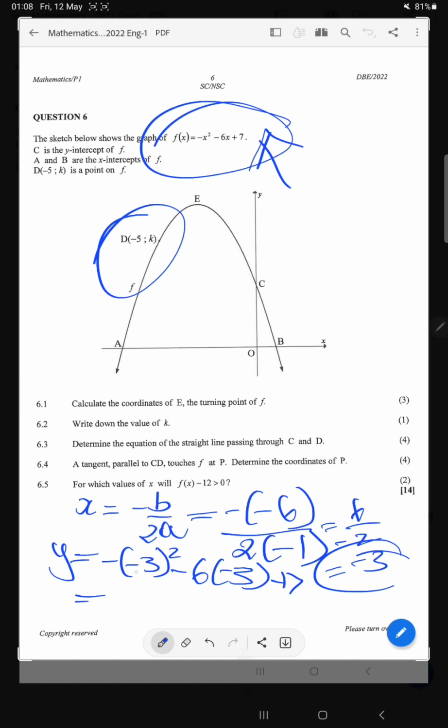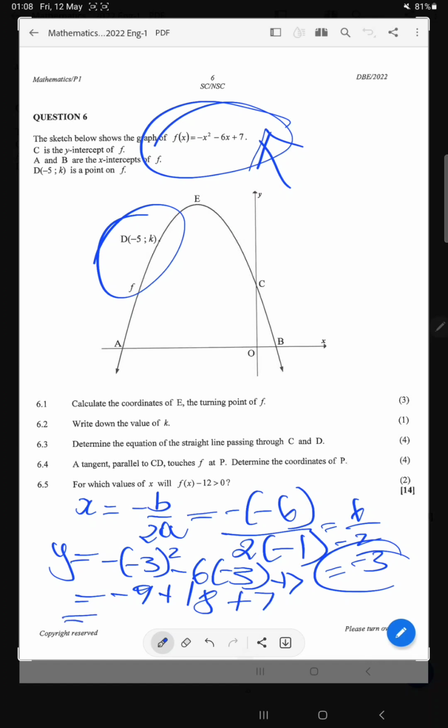Minus 3 to the power 2 is 9, and with the minus outside it's going to be minus 9. And minus 6 multiplied by minus 3 is positive 18, plus 7.